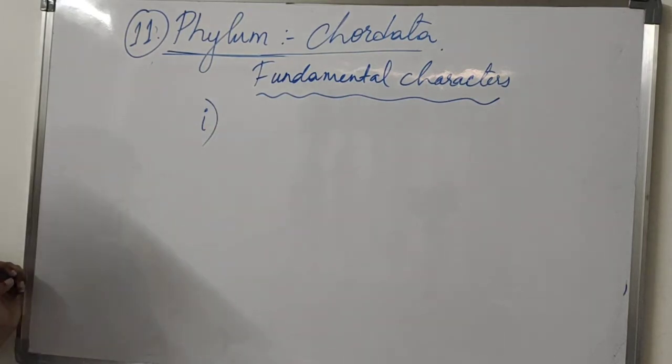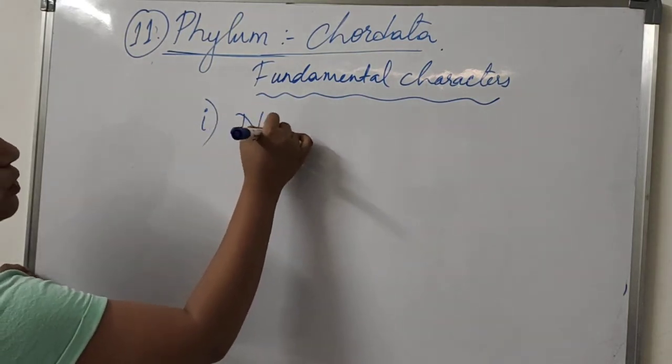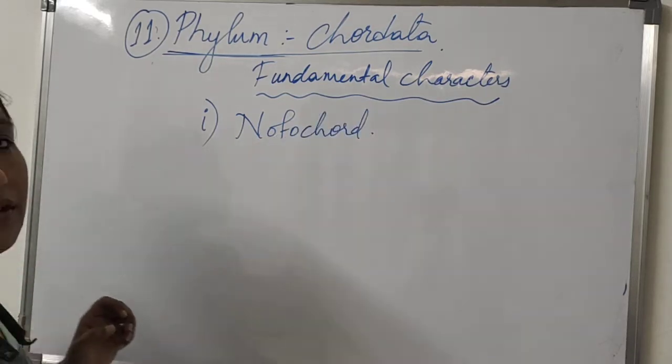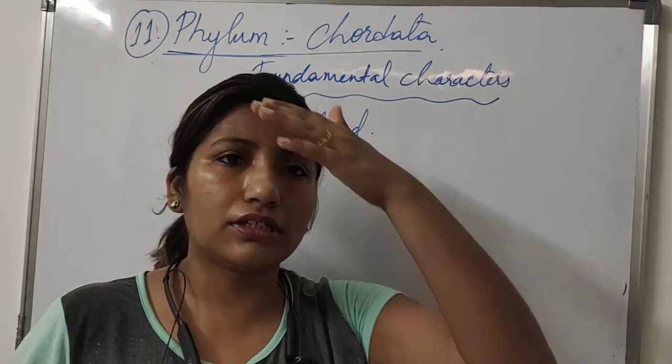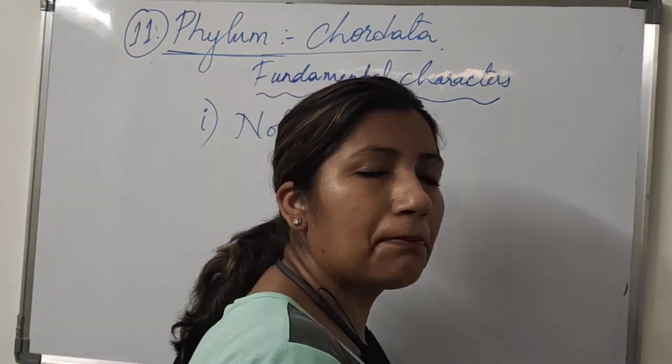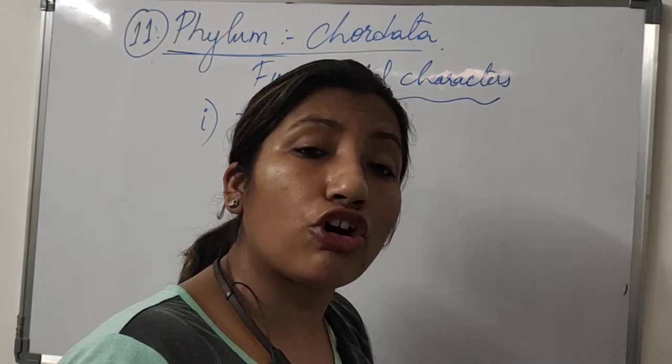Fundamental characters. Number 1, it has a notochord, a rod-like structure present in the dorsal region of the body. See, this part of the body is called the ventral region, and the back side of the body is called the dorsal region.